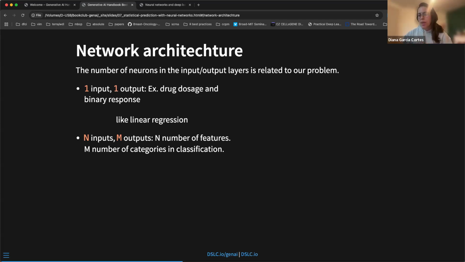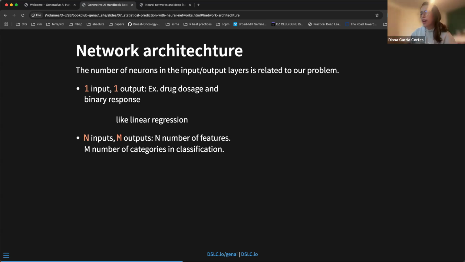However, when we have many outputs and many inputs, the inputs will be associated to the number of features that we have for the classification problem that we want to achieve, if that's what we're doing.